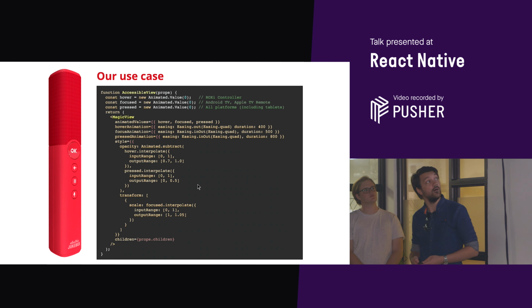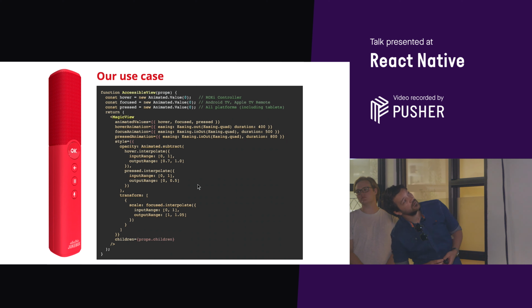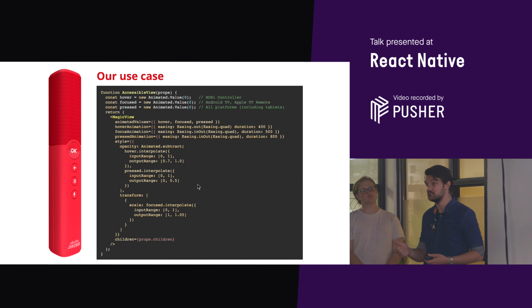In our case, because we have a controller, we have a hover event where you can hover things on Android TV and on any other smart TV. On a tablet, you would have a pressed event, and on an Apple TV remote, you may also have a focus event because you focus things, you don't really hover things.